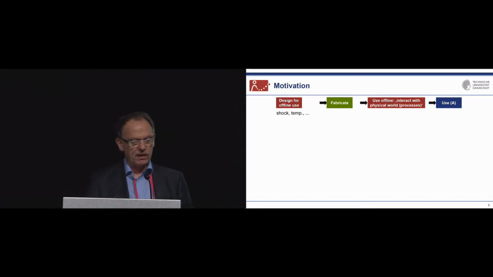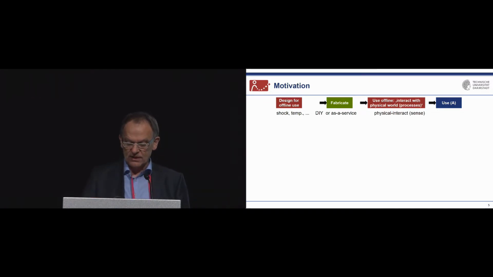So in the design we have to decide what kind of sensor we want to build. Should it detect shock, which means acceleration, or temperature or a load or whatever. And then in the fabrication process, of course, we have the choice to do it at home in a DIY process or as a service, for instance, in a makerspace or even a factory.